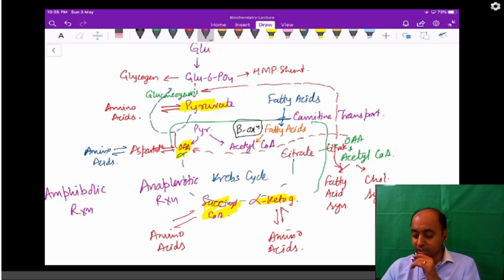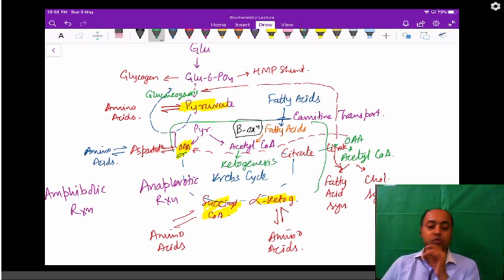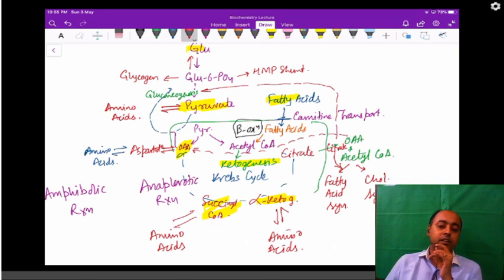In addition, the acetyl coenzyme A formed in the mitochondria from fatty acids can also be directed towards ketogenesis. So the various fuels, the ketone bodies, the fatty acids and the glucose, are all interlinked.